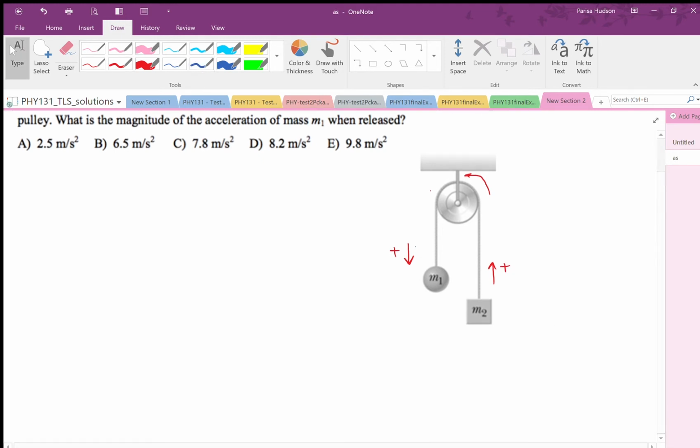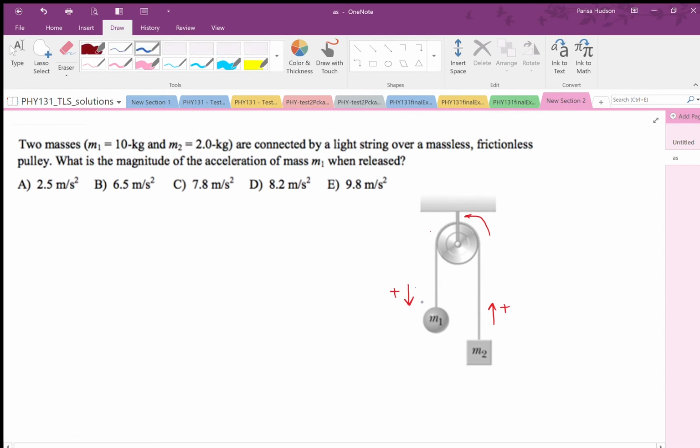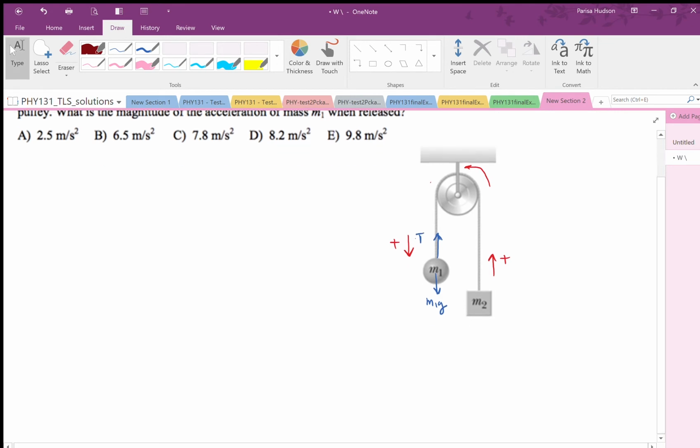Then I'm going to draw the forces acting on m1. The Earth applies the force of m1g to m1, and the tension force is the force from the rope, the string, acting on object m1.